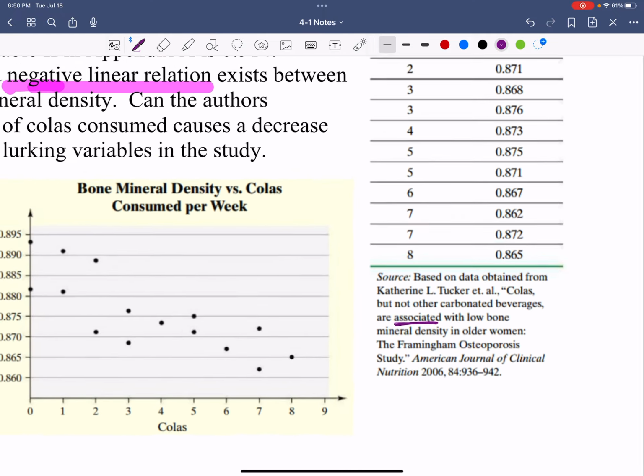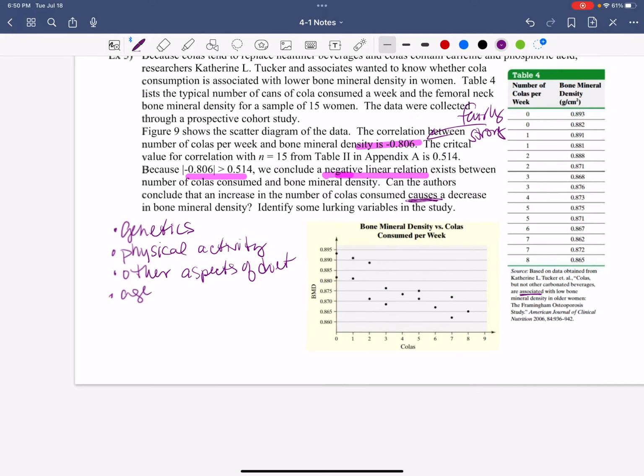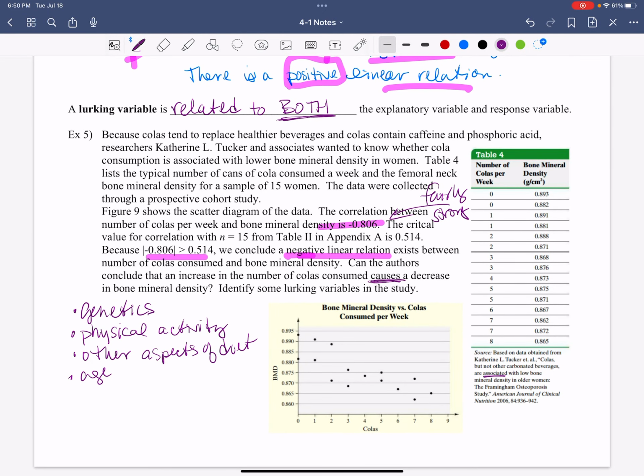Because do they use the word cause in their topic? No. Right? So there is an association, but they're not saying that it is the cause. So I want to point that out.